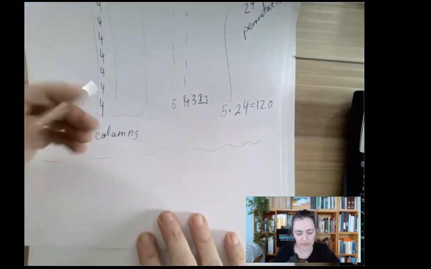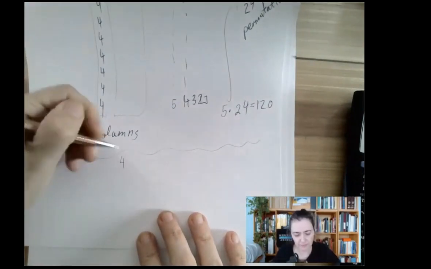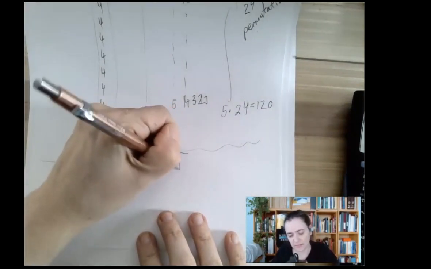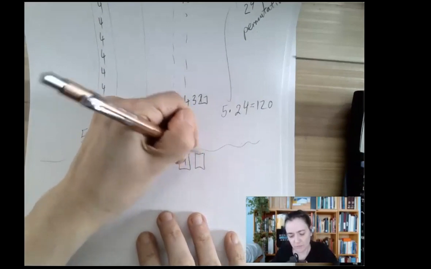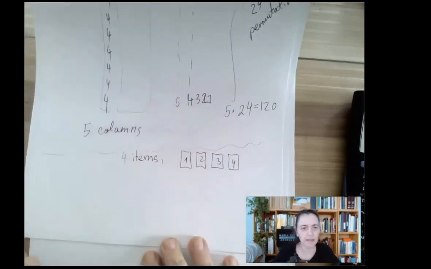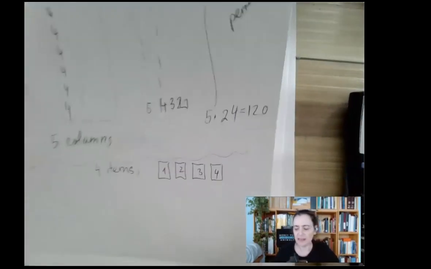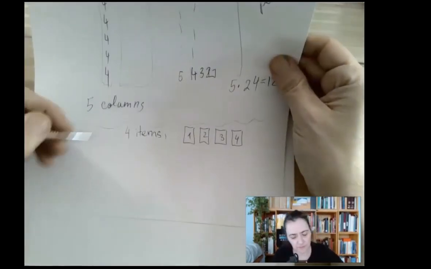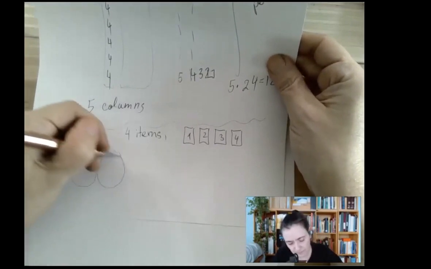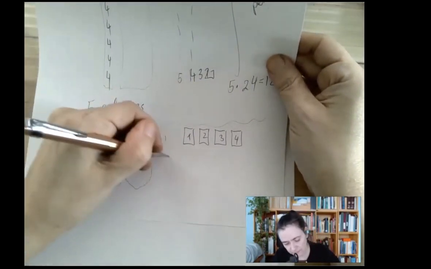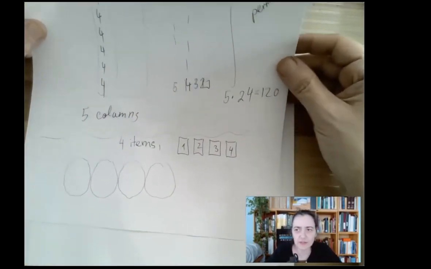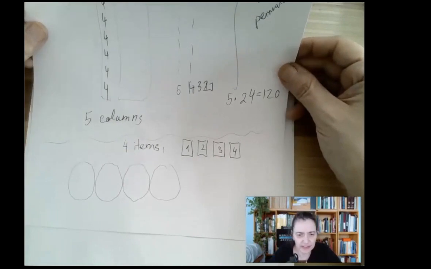Let's rearrange 4 items. Say we have little cards 1, 2, 3, and 4, and all we can do is shuffle them, rearrange them. And now we're going to do something strange. A lot of the time the trick with combinatorics is to come up with the choreography.